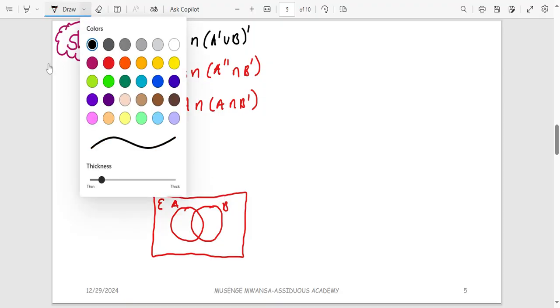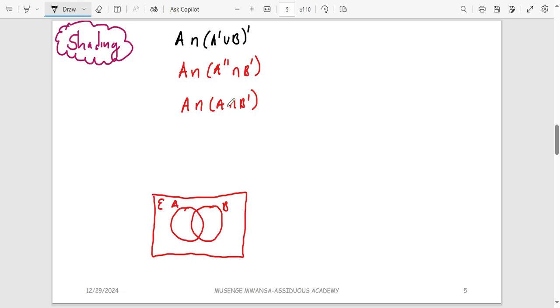So look at what we are dealing with. A intersection B complement. Remember we said A intersection B complement is the same as A minus B. We're talking about what is in A but not in B. It's this region. So you want where this set which I've shaded is intersecting with set A. The set A is the entire of this one.